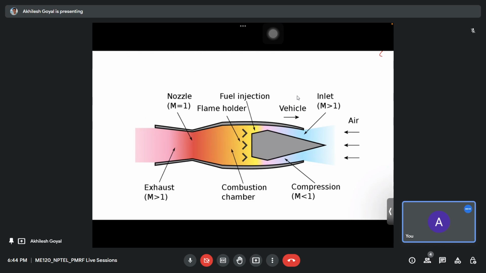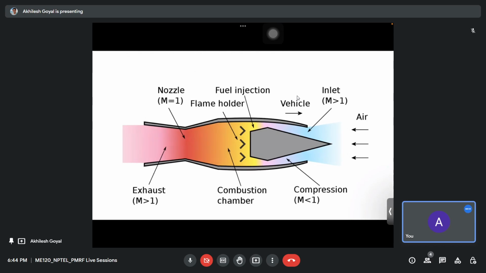Now in the case of ramjet engines, all other engines use a fan to suck the air, push it into the compressor, and then burning and all those things. But in the case of ramjet engines, it is the ramming effect. If high velocity air is coming and collides with a wall, it would exert a force on the wall, right? It will try to push the wall.